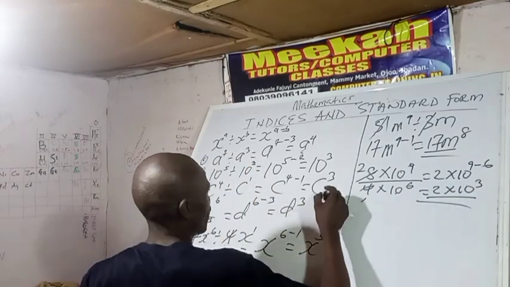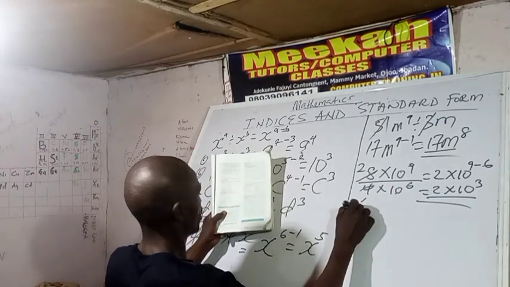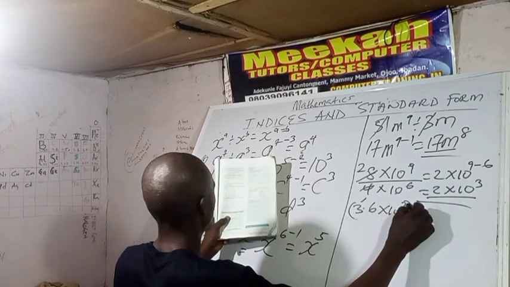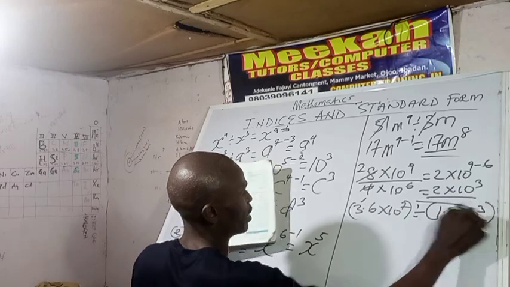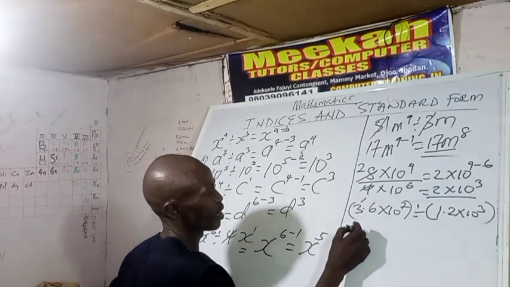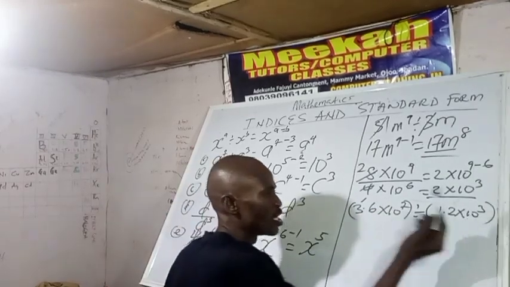Settled. Another question we need to understand is 3.6 times 10 raised to power 7 in bracket, divided by 1.2 times 10 raised to power 3. Please be mindful of this question. So this one becomes number for number, letter for letter, indices for indices.